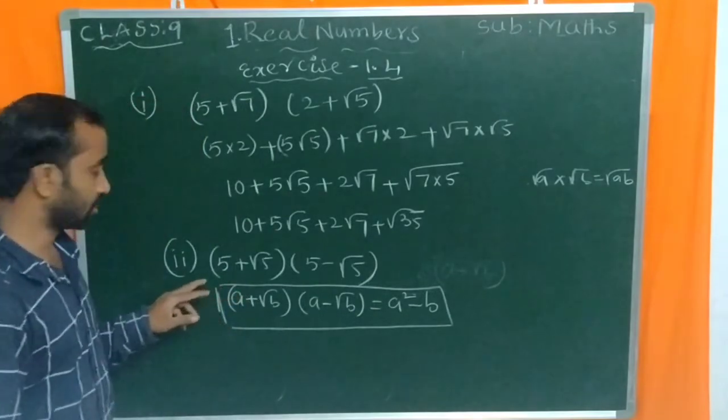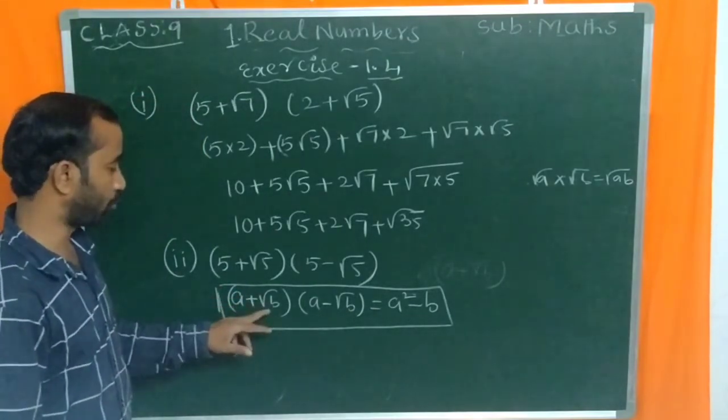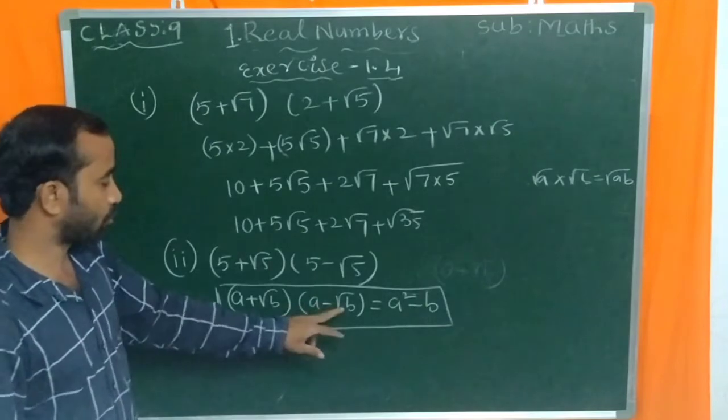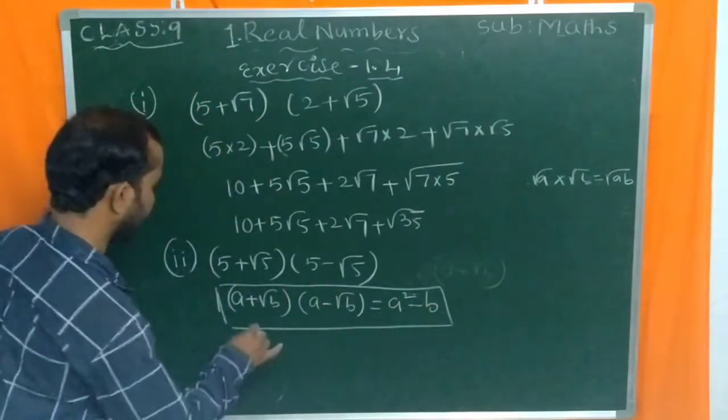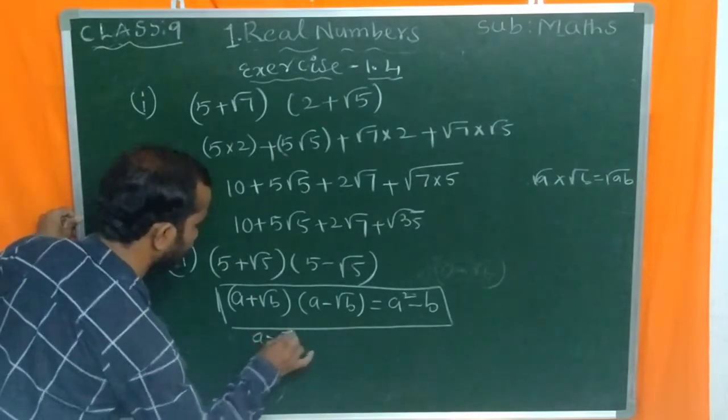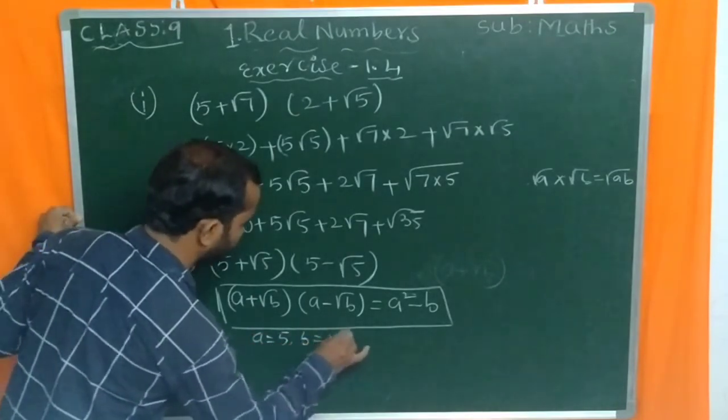Listen once again: a plus root b into a minus root b is written as a square minus b. Here a is 5, and b equals root 5.